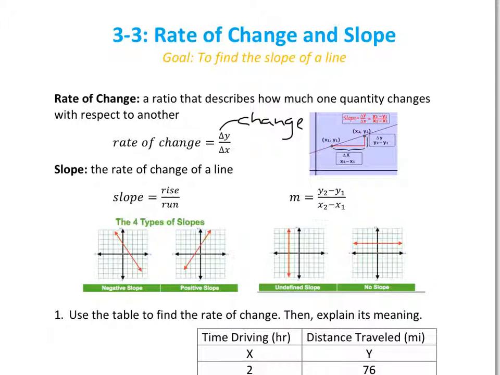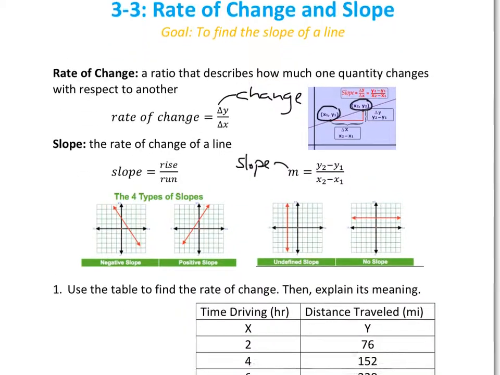Now notice also that m is the variable that we use to calculate slope. So m means slope. And this y2, y1, x2, x1 actually come from this graph up here. They are our points on the line. So the change in y is the rise, and the change in x is the run, the side-to-side change.